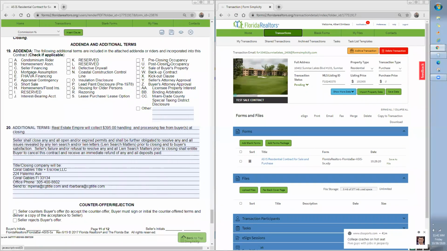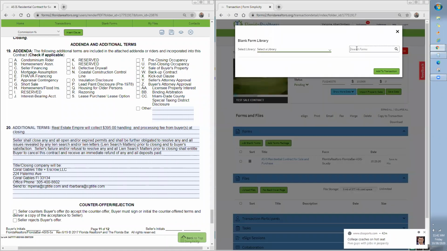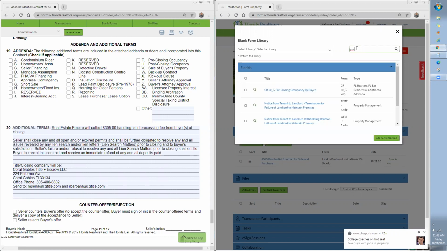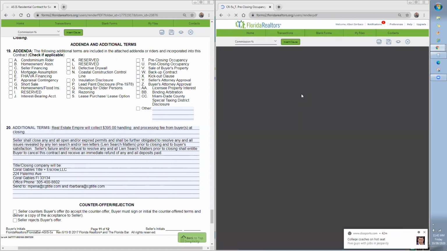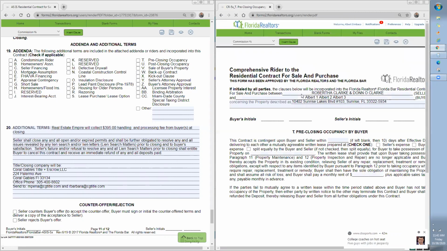All right, pre-closing occupancy and post-closing occupancy. I'm gonna do these together. They are actually one and the same. The pre-closing occupancy allows the buyer, only the buyer, to live in the property before they close on the deal, okay? Meaning, if the buyer has to sell their property, okay?